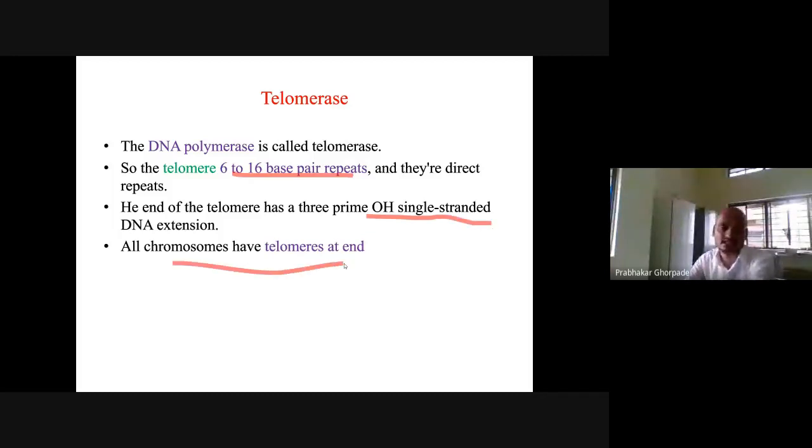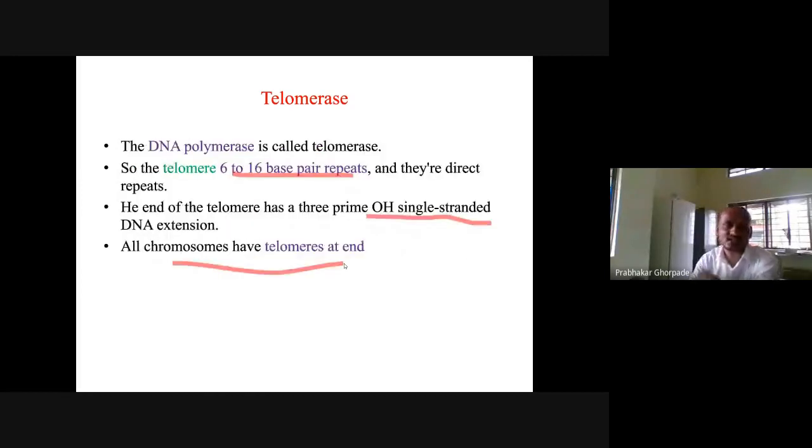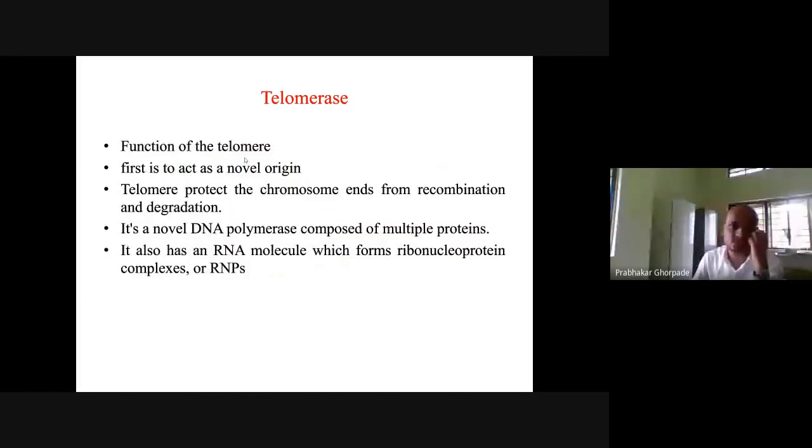In the last picture we have seen the telomere at the DNA. Function of the telomeres: it acts as a novel origin. The telomere has to protect the chromosome from recombination or degradation. It has to protect it from both.